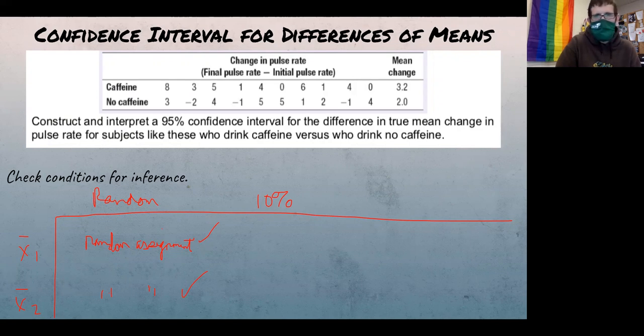Caffeine drinkers versus non-caffeine drinkers. Maybe we had to add a little bit of caveat to say it's caffeine drinkers who are high schoolers versus non. But notice right here, subjects like these who drink caffeine versus. So bottom line, when it comes down to 10%, are there more than 100 people like these high schoolers who drink caffeine versus those who don't? Yeah, okay.